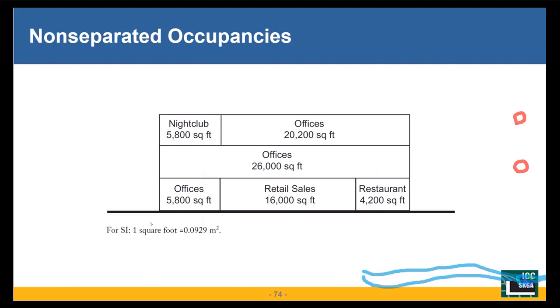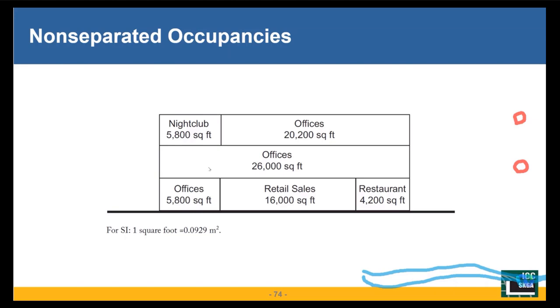So for example, here we have a 3-story type 2B building, containing assembly, nightclub, a restaurant, offices, and mercantile. The building is fully sprinklered, and does not qualify for any frontage increase. So these are assumptions.